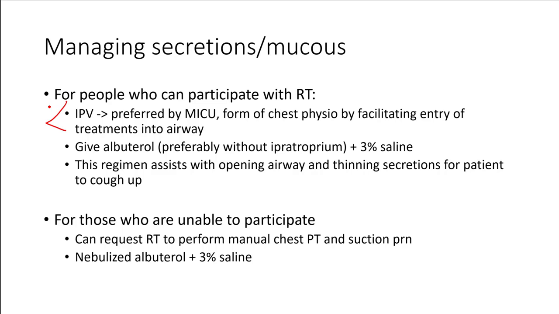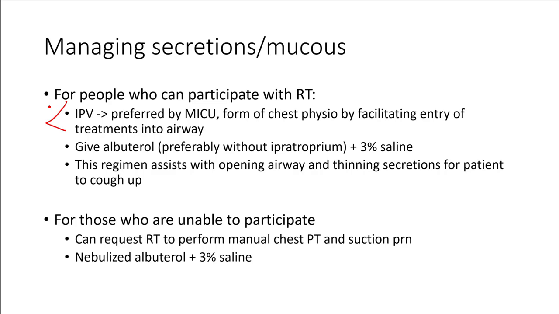It's blowing in first albuterol, and then you follow that with 3% saline, and the albuterol dilates the airway. The 3% saline is going to help to thin out and loosen secretions and mucus. And the air movement with the IPV helps to get the mucus loose, and once that's happening, often the patients feel a desire to cough and start coughing it up.